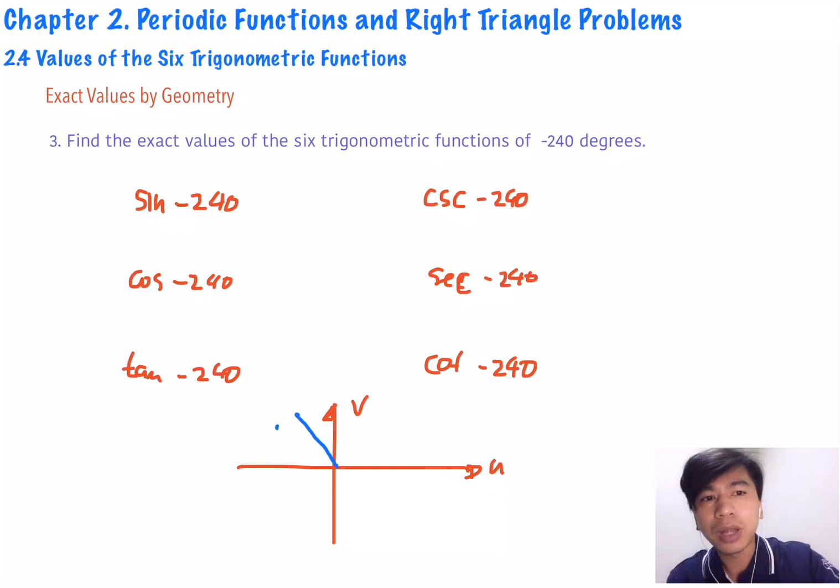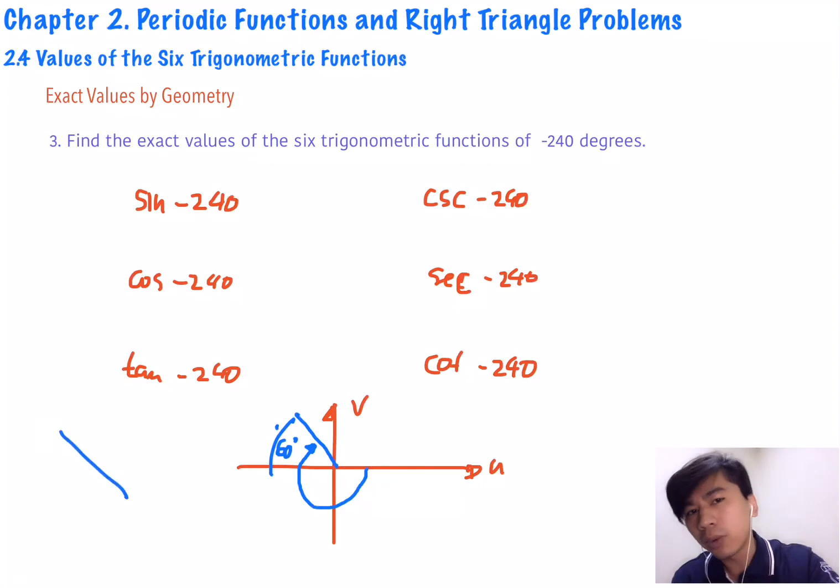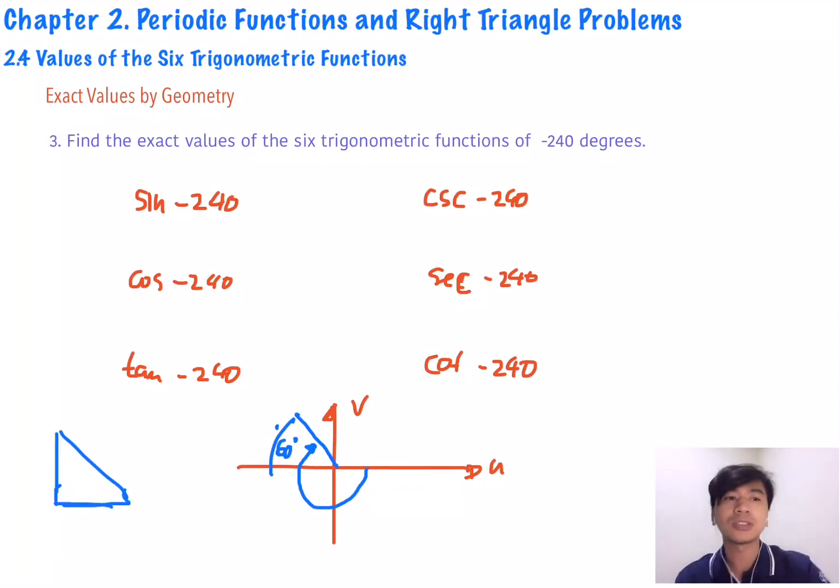Yeah, because you will go from here clockwise, and you'll get that the reference angle is 60 degrees. So this is the same as asking what is sine of 60 degrees, cos of 60 degrees, tangent of 60 degrees, and so on. It's 60 degrees.